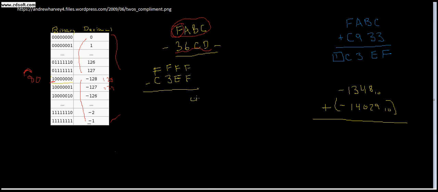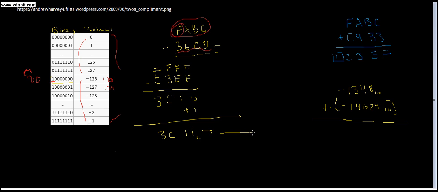So F now is 0, this is 1, and F minus 3 is going to give you C, 15 minus 3 is 12, and so this should be a 3 then, by the same logic, and we're going to add the 1, so it gives us 3C11. So that's in hexadecimal.